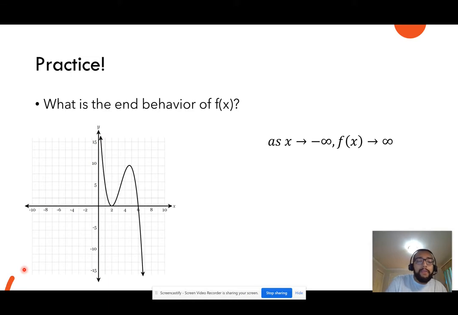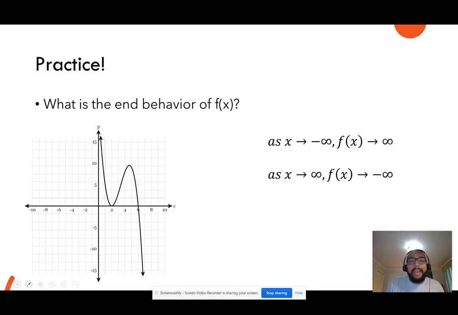What about for the right side? Well, it looks like all these x values are positive. So that's saying as x approaches positive infinity, we're going down. So my y values are getting bigger in the negative direction. So that says here, as x approaches positive infinity, f of x is approaching negative infinity.